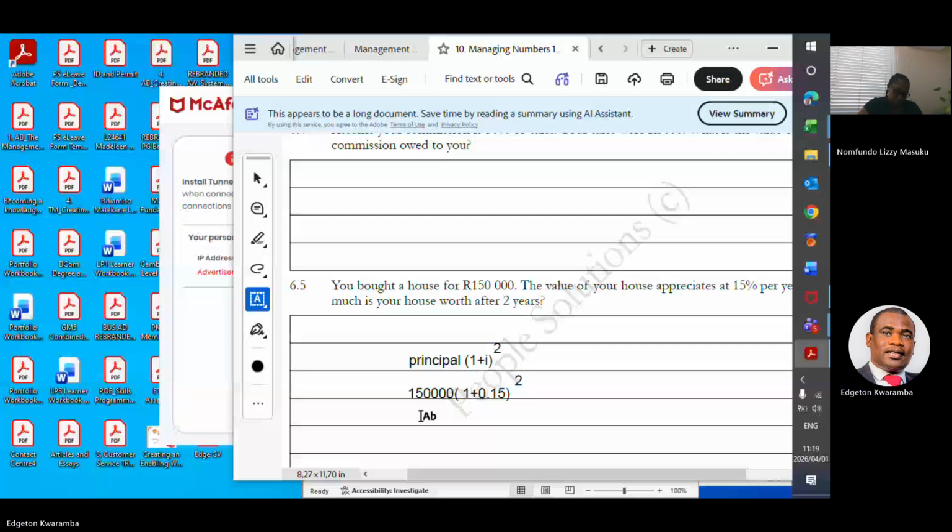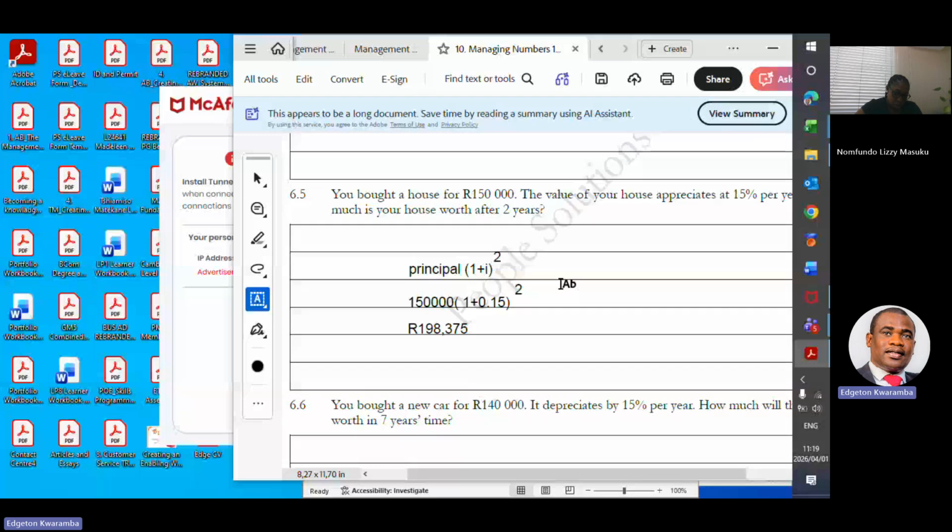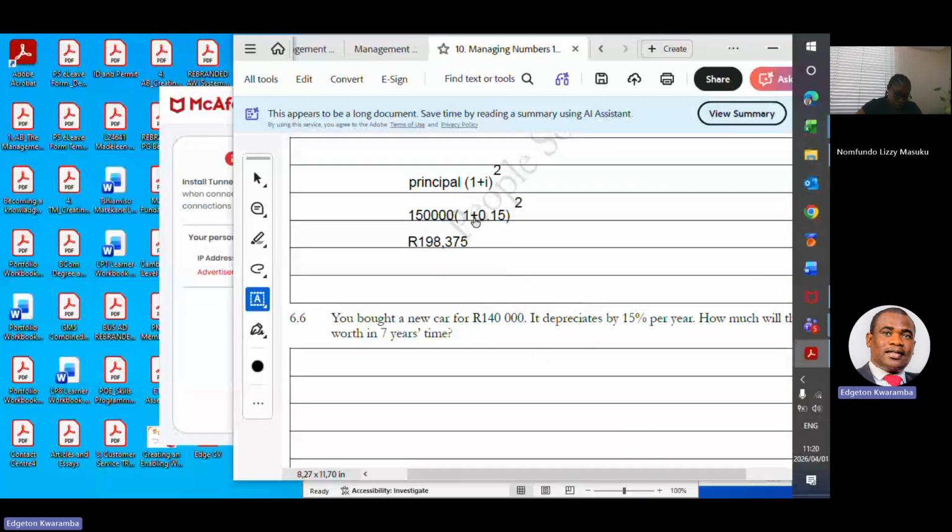Okay, and then this one, I want you to try it on your own. This time it's a car, so it's depreciating. It's losing value. We're going to use the same formula, but where we said plus, this time it's a minus. So it's 140,000, open bracket, 1 minus i, so 1 minus 0.15, to the power 7.